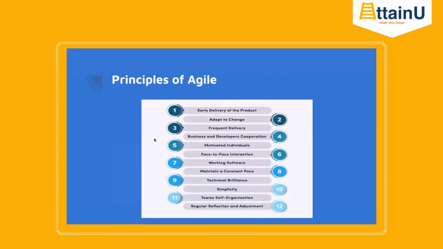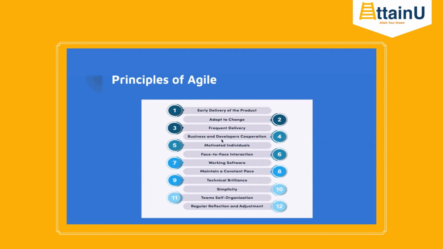What do the principles of Agile say? Early delivery of the product, right? When you are breaking down into specific small features, you get the deliveries very early, without waiting for months to deliver the whole project. You adapt to changes. You get frequent delivery, right?